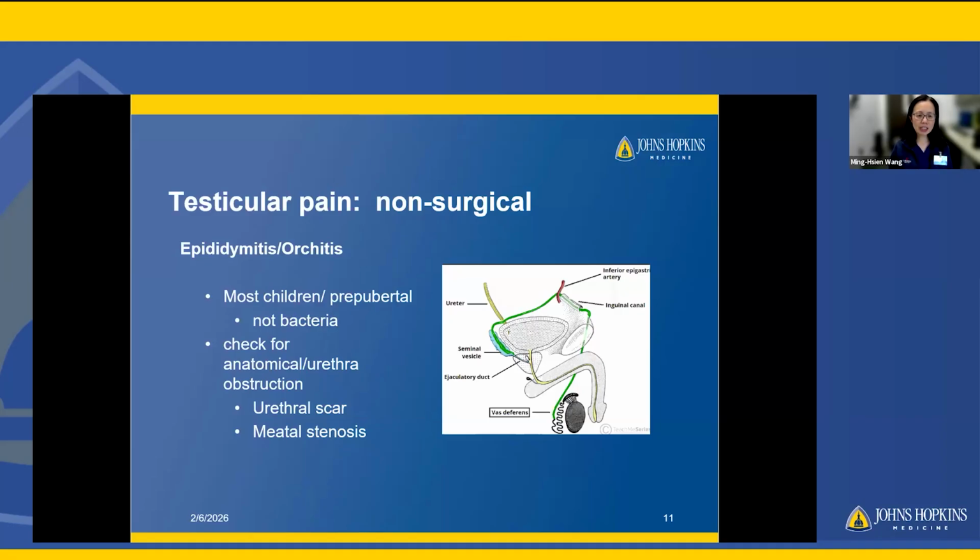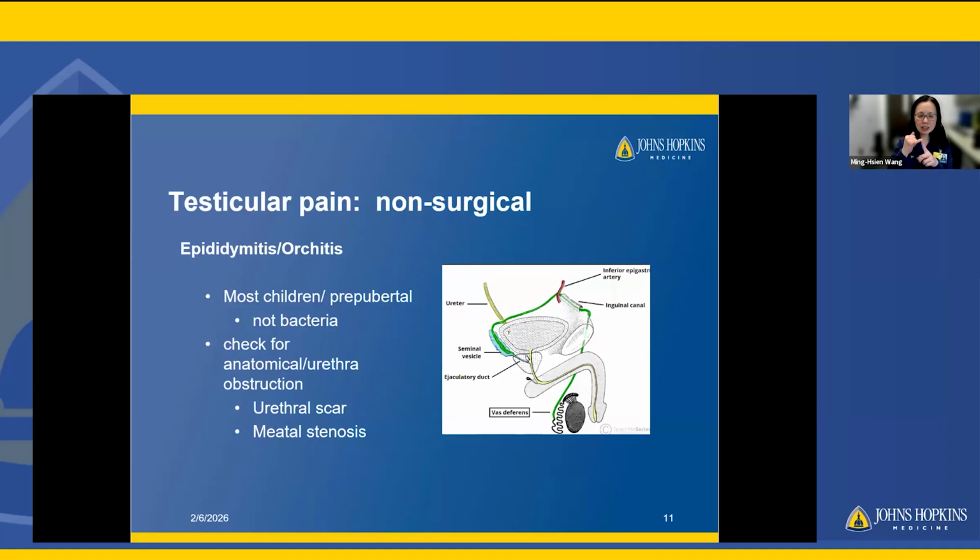So if it's an otherwise healthy kid, one thing I will look for is I will ask them, how's your urinary stream? A lot of times kids don't know, so then maybe ask the parents, because what you want to rule out is things like obstruction. A common thing would be meatal stenosis, which is right at the tip of the meatus.